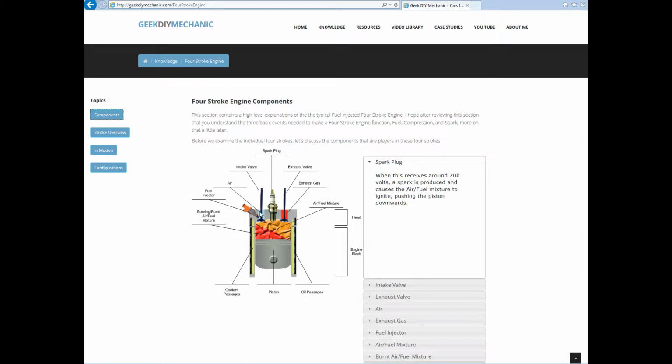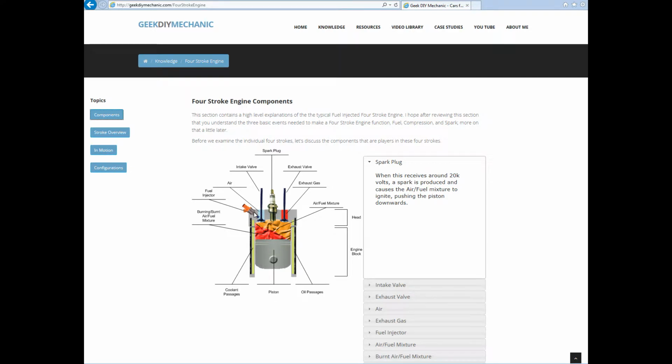The atmospheric air goes into the cylinder, and this injector injects gasoline into that air, creating the air-fuel mixture. Clearly, this intake valve would have to open. It's actually going to move down, which allows atmospheric air to be drawn in, and then the injector would inject gasoline vapor.